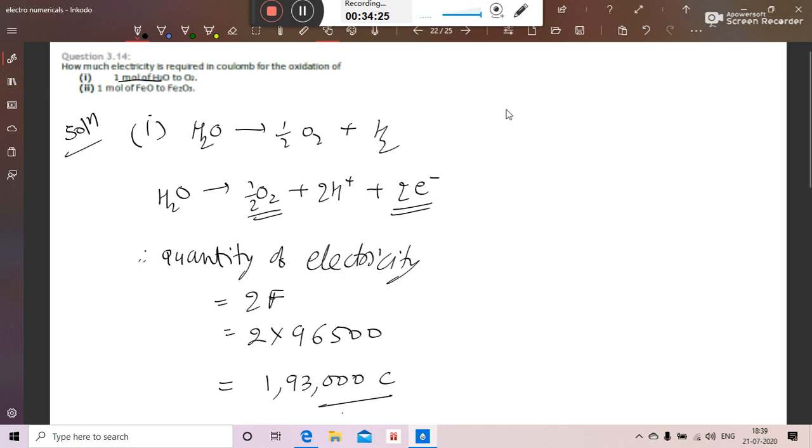Now in second, 1 mole of FeO is to be converted into Fe2O3. Now in FeO, Fe is plus 2, and in Fe2O3, Fe is plus 3. So when you convert plus 2 to plus 3, that means there will be a loss of 1 electron. So 1 mole of electrons are lost.